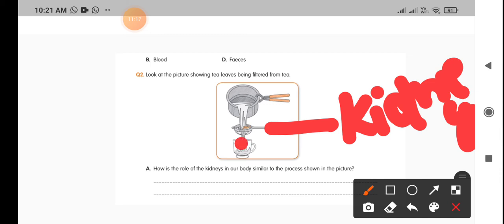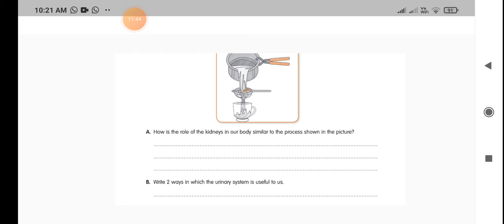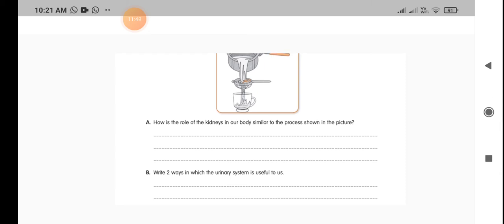How this funnel is helping to filter the coffee? It's filtering the coffee, separating the coffee powder from the coffee. Same way your kidneys are filtering the blood, separating the waste products from the blood. Okay. So you need to say about the kidneys' function by comparing with the given picture.